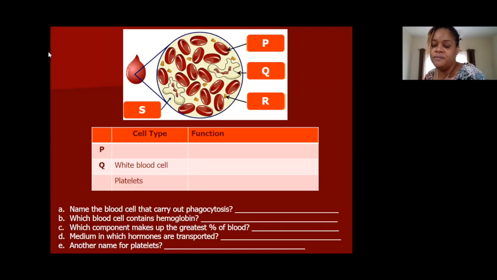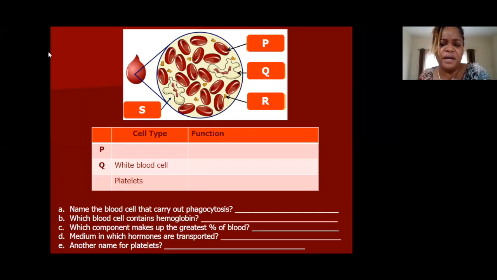Very good. Both answers are acceptable. Some of you said white blood cells, that's acceptable. Some of you said leukocytes, acceptable, and phagocytes, acceptable. So we have our phagocytes, or our white blood cells, that are responsible for carrying out phagocytosis.